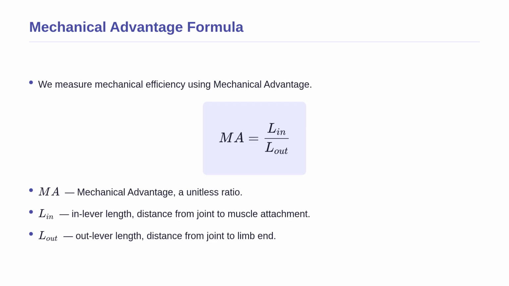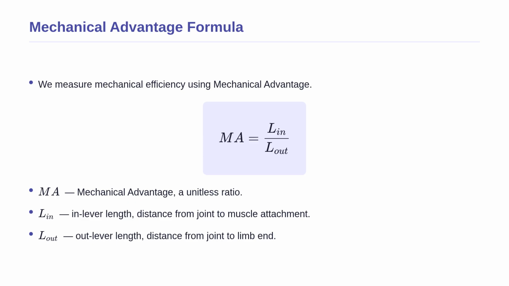To quantify this biological lever system, we use a fundamental physics concept. We measure the mechanical efficiency of this system using the mechanical advantage formula. The formula is MA equals L-in divided by L-out. Let us break down these symbols. MA stands for mechanical advantage, which is a unitless ratio telling us if the limb is built for power or speed.